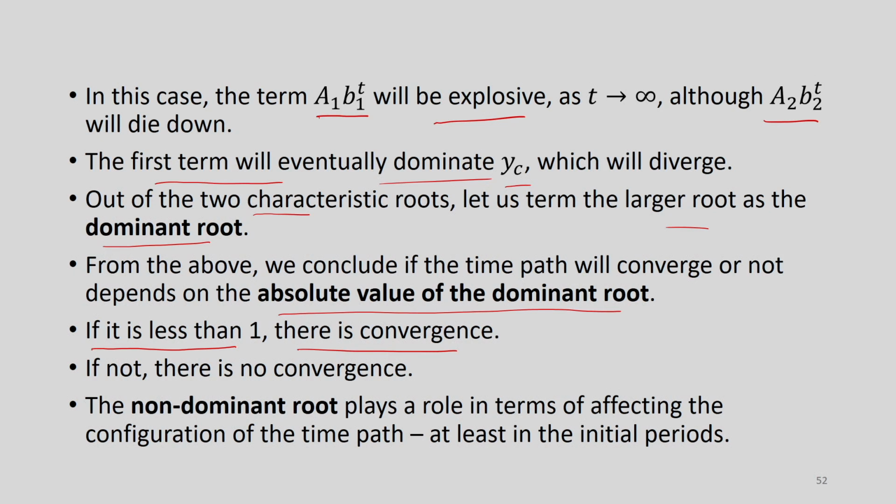Maybe it will not be able to affect the nature of y c as t goes to infinity, because that is going to be determined by the dominant root, but this non-dominant root affects the configuration of the time path.